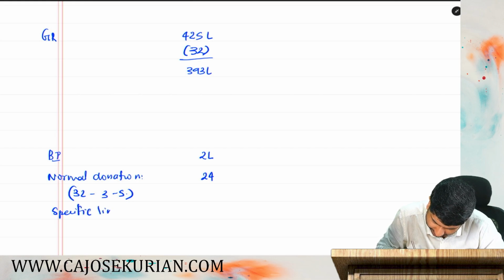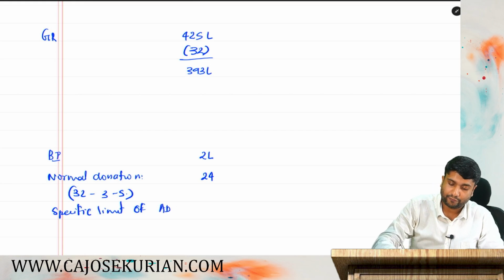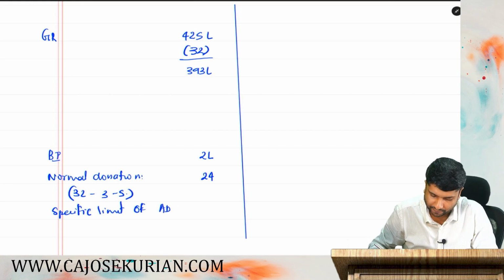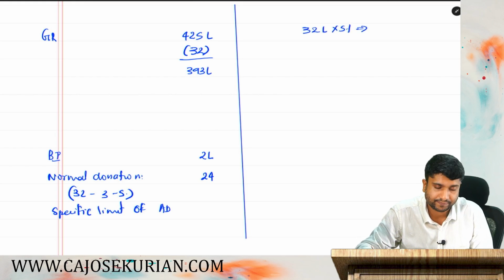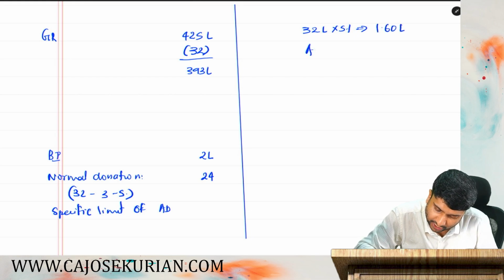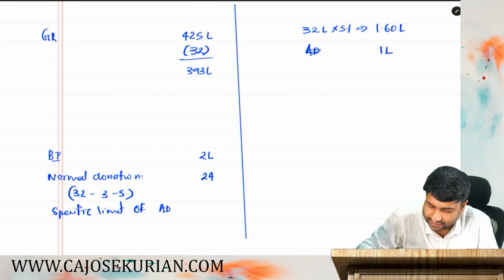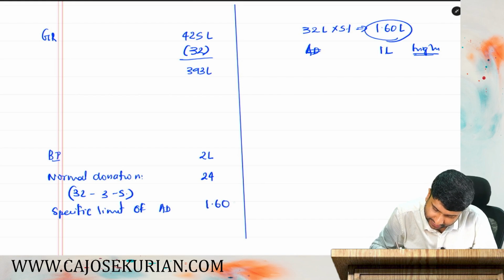How much is the specific limit of anonymous donation? Let's see. For the specific limit, you need to take the total donation of 32 into 5%. How much is 32 into 5%? 1.60 lakh, or anonymous donation received, or rupees 1 lakh, whichever is higher. And 1.6 is the higher, so we will consider it 1.60 lakh.